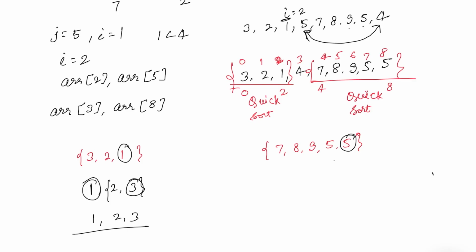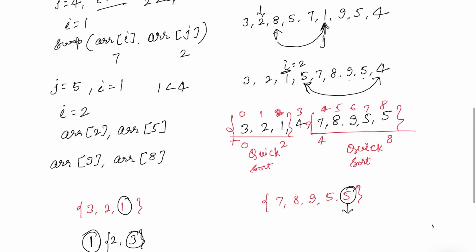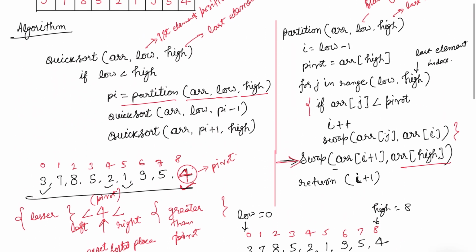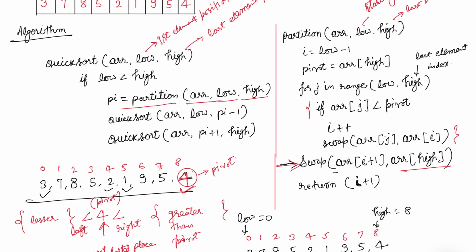Here how will it happen? For 7, 8, 9, 5, 5 we have to bring the pivot 5 to such a position that all the elements to the left of 5 are smaller and all the elements greater than 5 are on the right. What we were checking in this partition is, if any element is less than the pivot then we swap, and lastly we swap the last position with the I index.